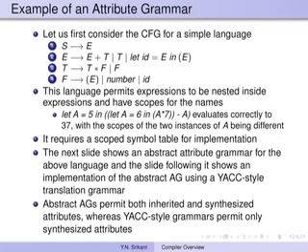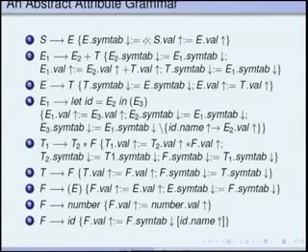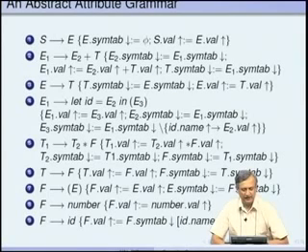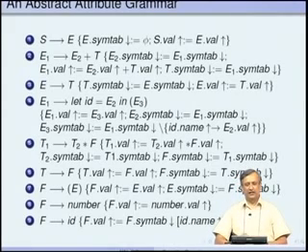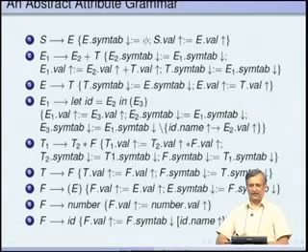So, abstract attribute grammars use what are known as inherited attributes and synthesized attributes, whereas Yacc permits only synthesized attributes in its specifications. So, here is an attribute grammar. The first production is S to E, and the attribute grammar format is simple. The context free grammar rule is written, followed by the attribute computation rules.